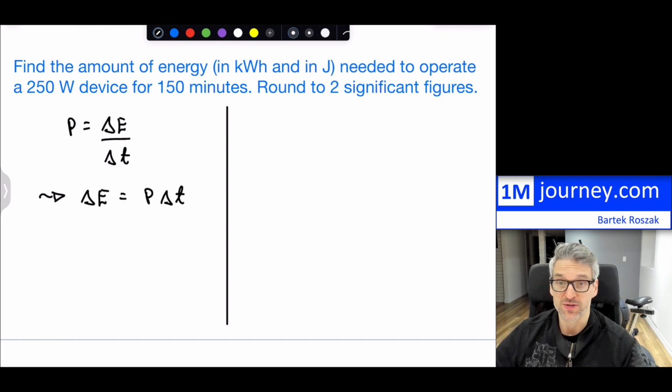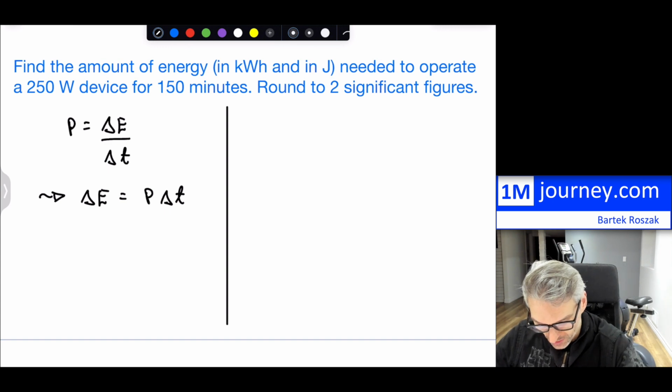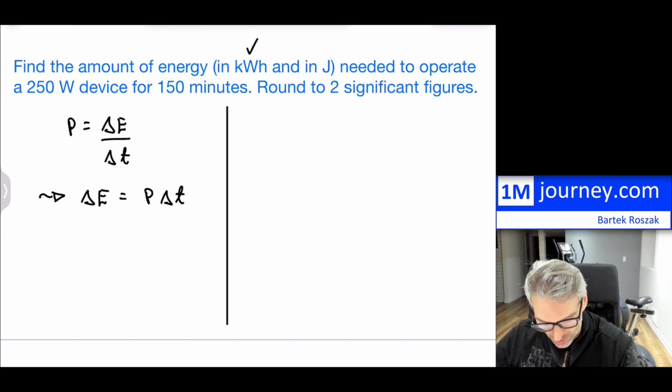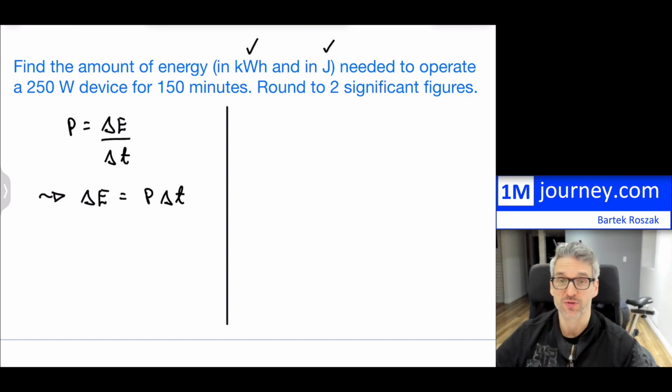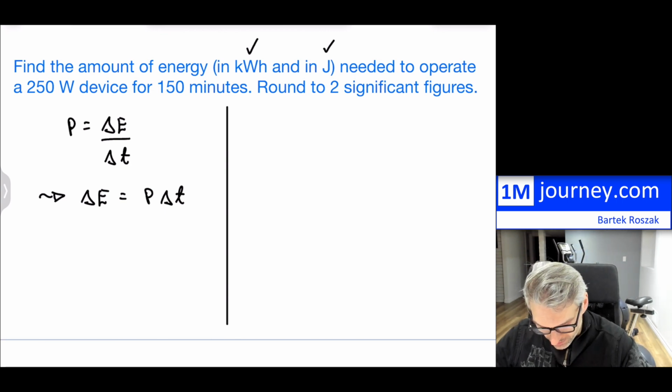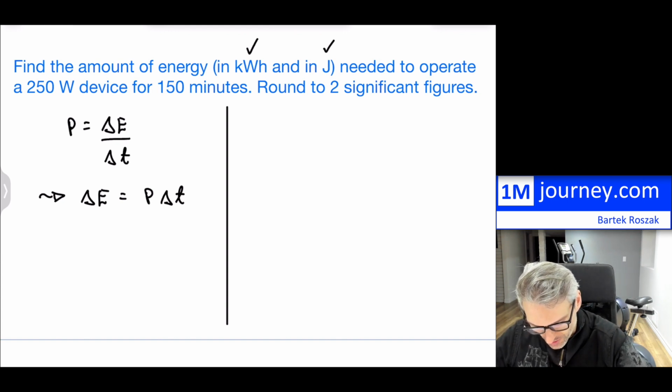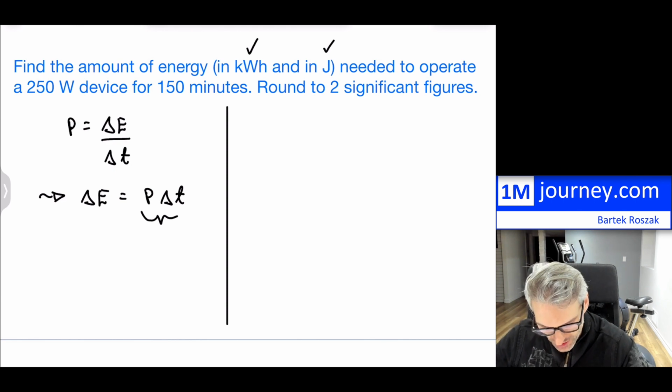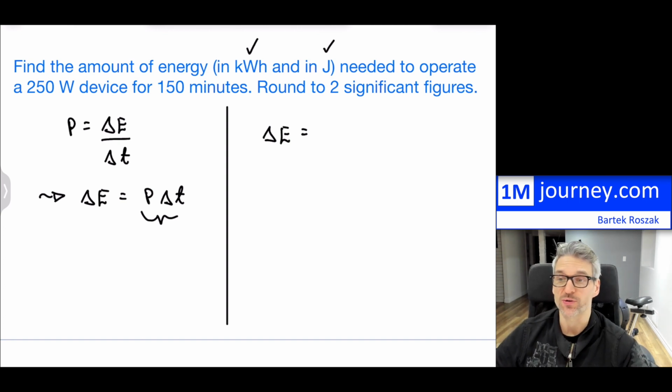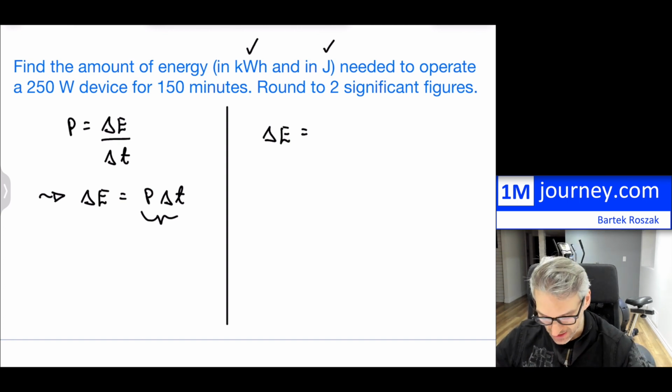There's multiple ways of doing this, since they're asking us to do this both in kilowatt hours and in joules, so you can do the unit conversions as necessary right there. And so on the left hand side I'll do kilowatt hours, because it's actually not that difficult to do that straight from the equation itself. And then we can also calculate the amount of energy if we want to do it in joules. So I just want to show you both of them simultaneously.